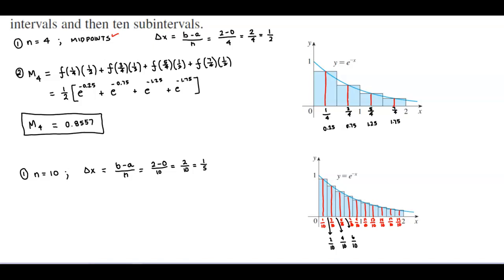Okay, so now let's go ahead and find our midpoint. When we want to find our midpoint, we're looking for M10. So we take the value of 1/5, which is the same thing as 2/10, and in this scenario this would be f of 1/10 times 1/5, or 2/10.